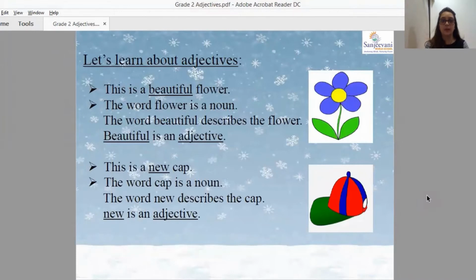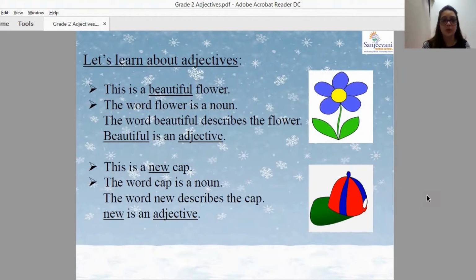Let's learn about adjectives. Here there are a few examples I have given. The first picture is of a flower. If you look at the flower, it seems very beautiful, very nice, right? So it says this is a beautiful flower.